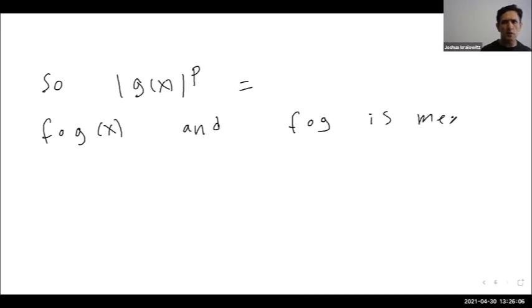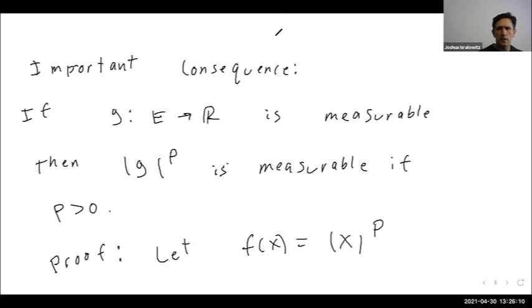And this is measurable because f is certainly continuous on R as long as p is positive.